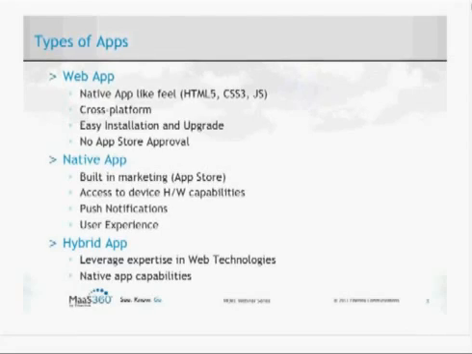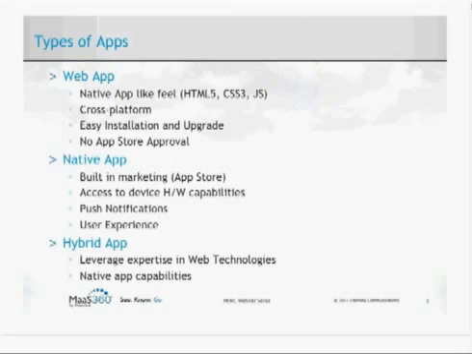Okay. All right. So most of us, while thinking about choices, just stop at web apps and native apps, but that's not the case. There is a third breed of applications, and they're called hybrid apps. You can think of hybrid apps as a web app which is wrapped within a native app.